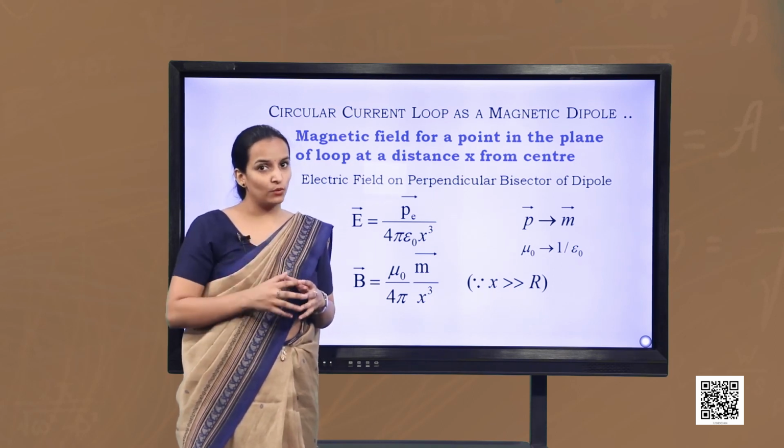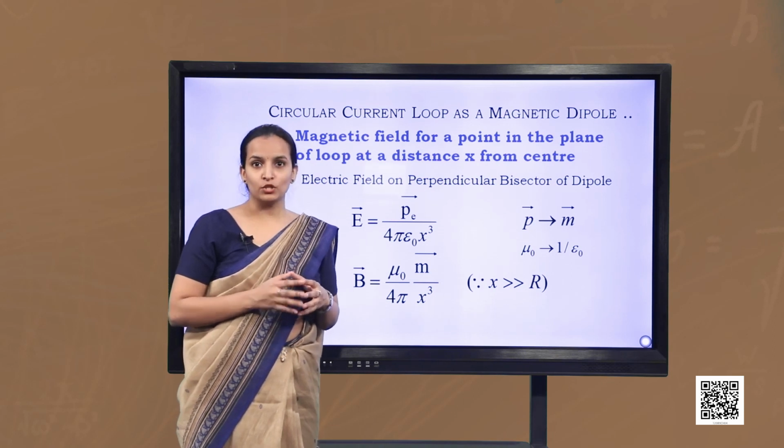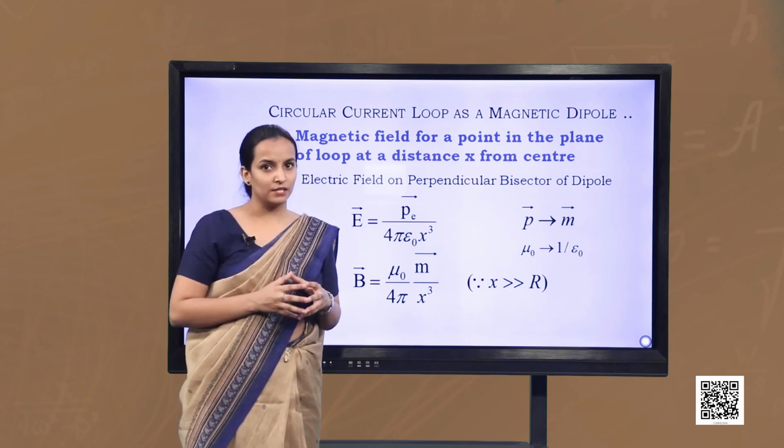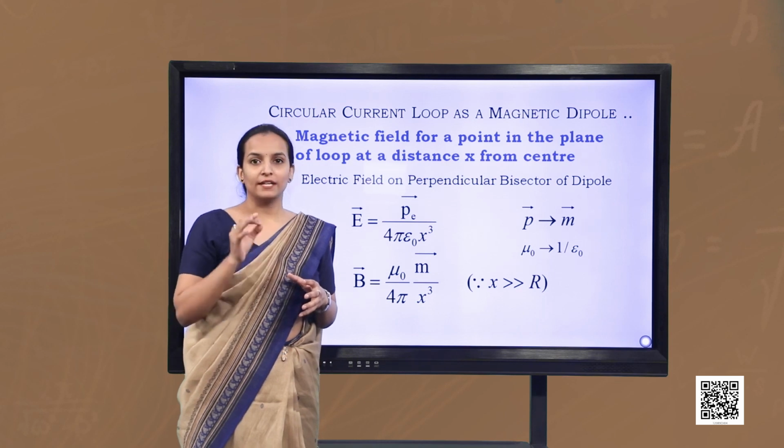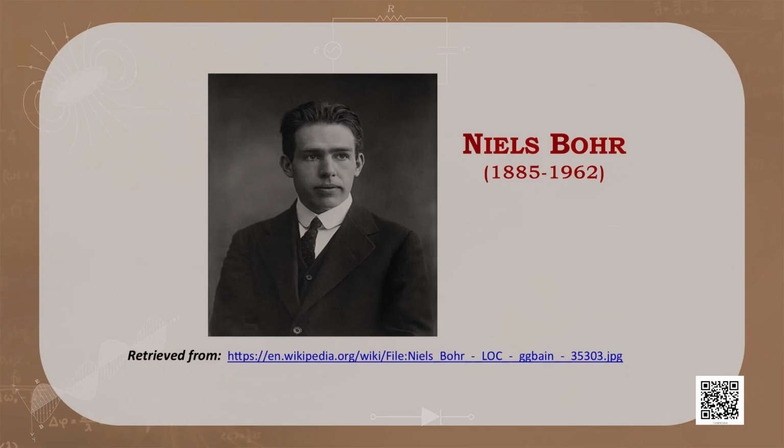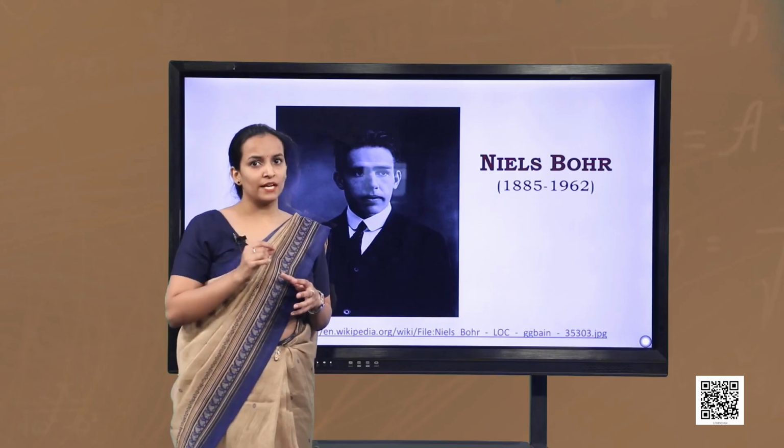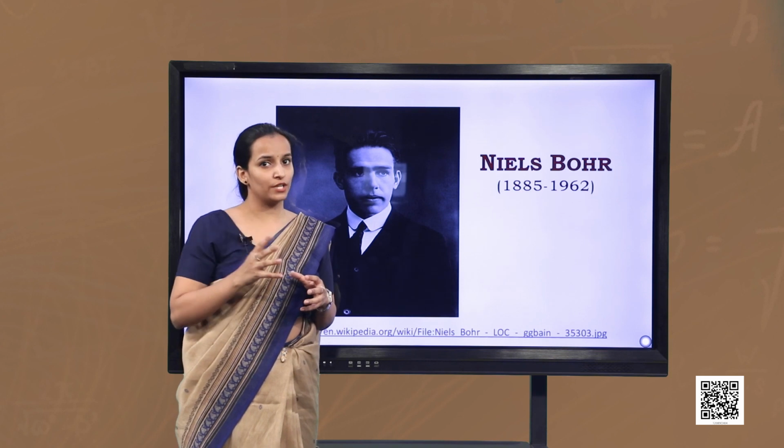Next, we will calculate the magnetic dipole moment of one of the elementary particles, that is a revolving electron. This is the picture of Niels Bohr, a Danish physicist. In 1911, he proposed a model of the hydrogen atom, which is known as the Bohr model of the hydrogen atom.